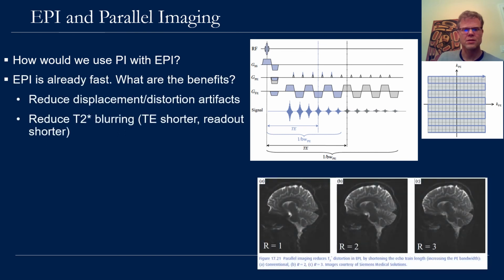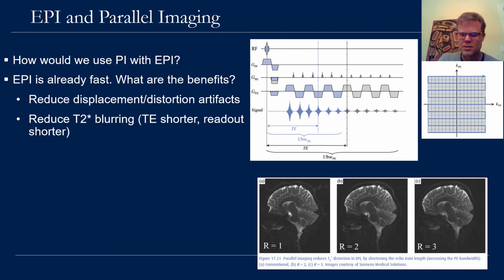And so this is going to lead to a couple of different benefits. One is, recall, if we simply reduce the readout duration, this reduces our displacement and distortion artifacts due to off resonance or chemical shift.